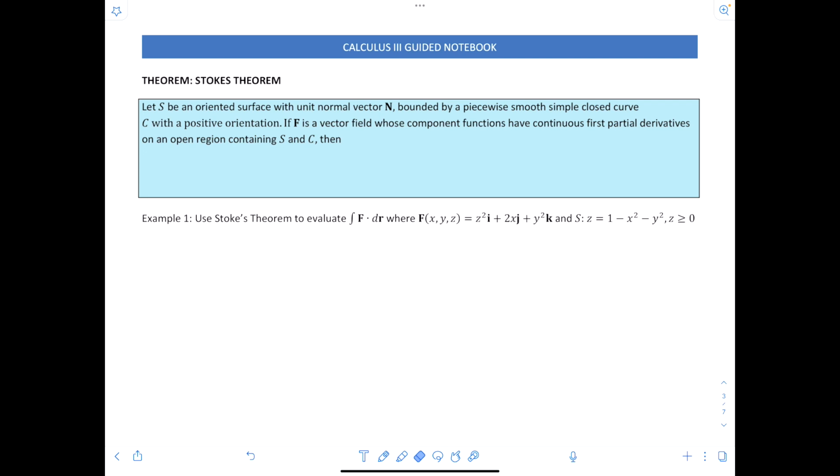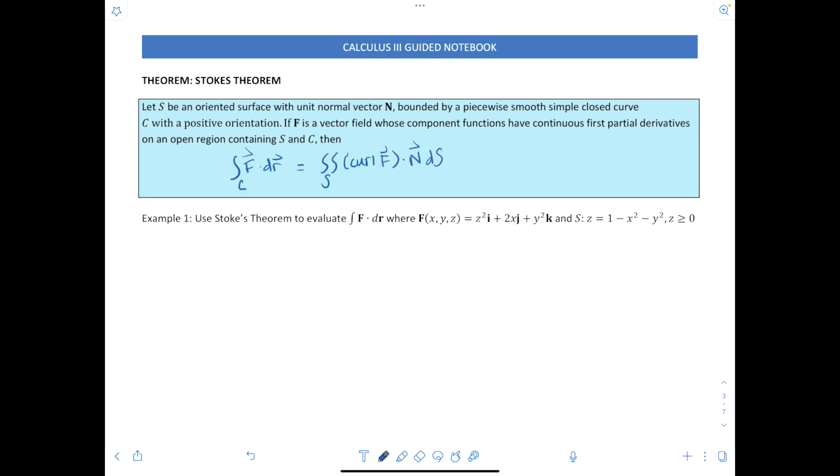If F is a vector field whose component functions have continuous first partial derivatives on an open region containing S and C, then it turns out that the line integral over the boundary of the surface, C, of f dot dr is equivalent to the surface integral over the oriented surface S of the curl of f dot n with respect to that oriented surface.